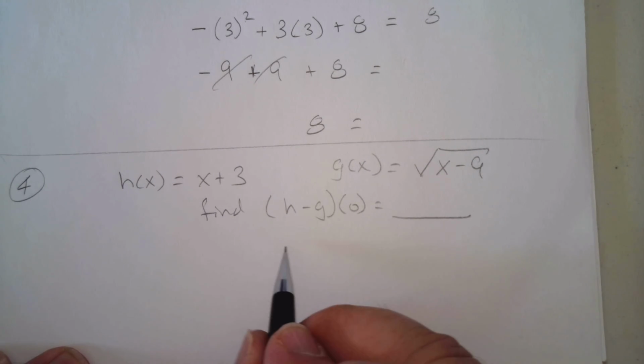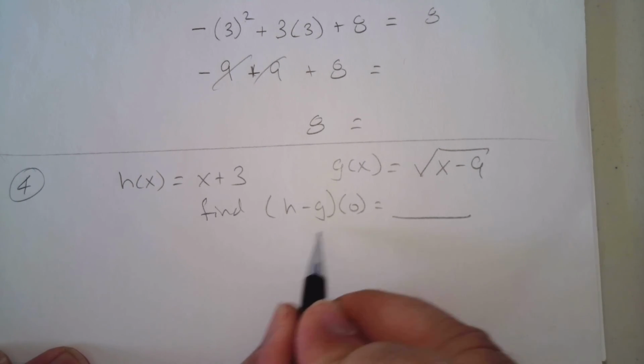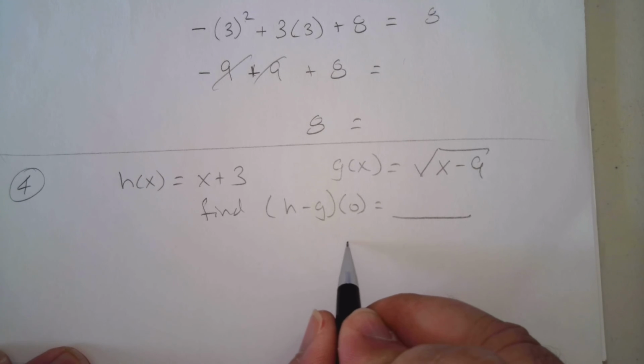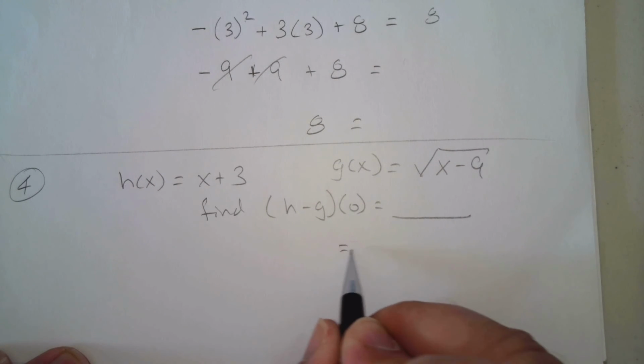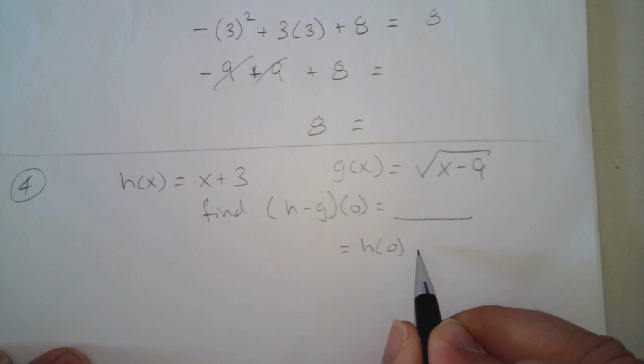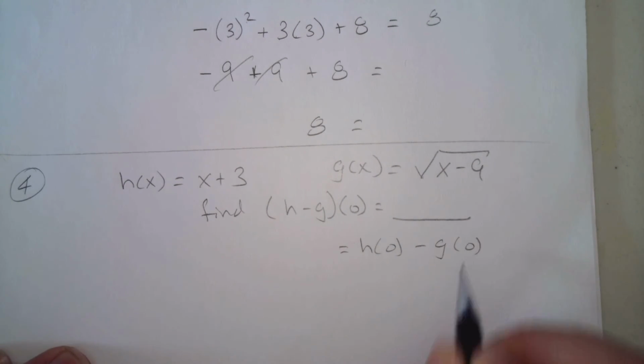So actually, we could do h, but we also know that it's easier if we just do h of 0 minus g of 0.